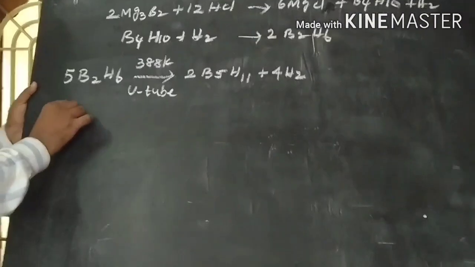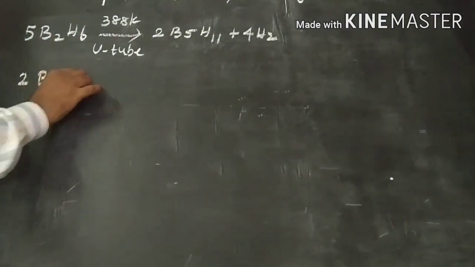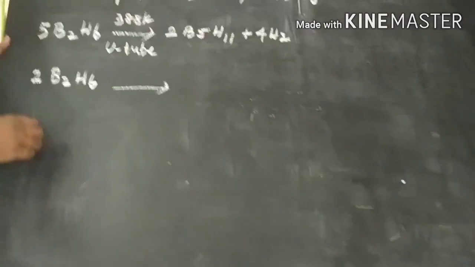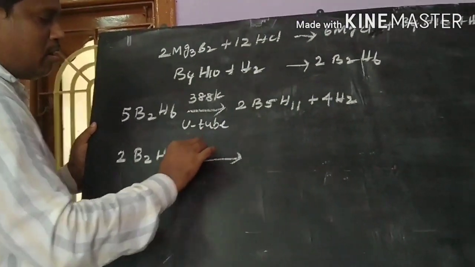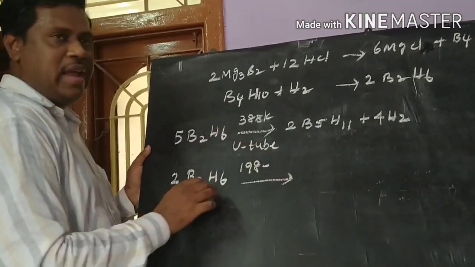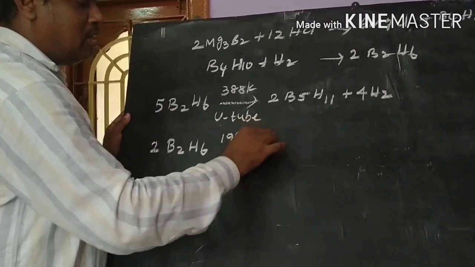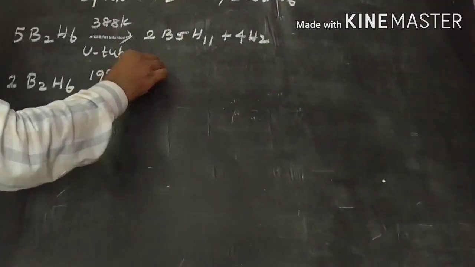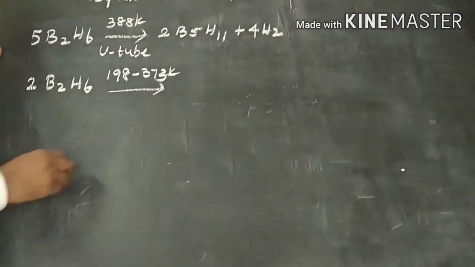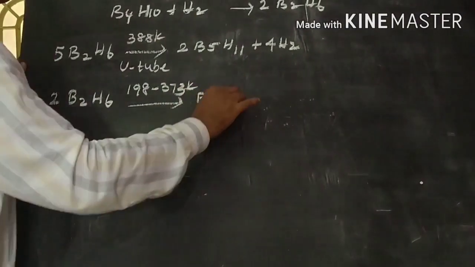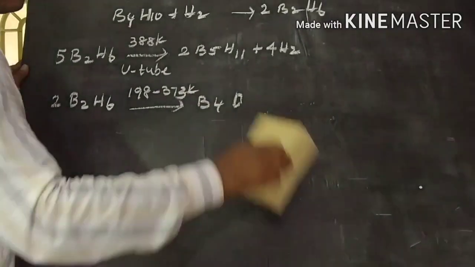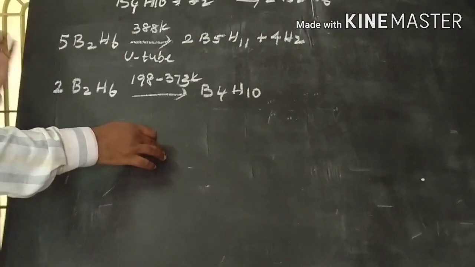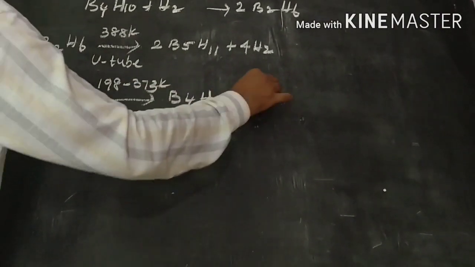Next, 2 moles of diborane, B2H6, at a temperature of 373 Kelvin gives B4H10 plus H2.